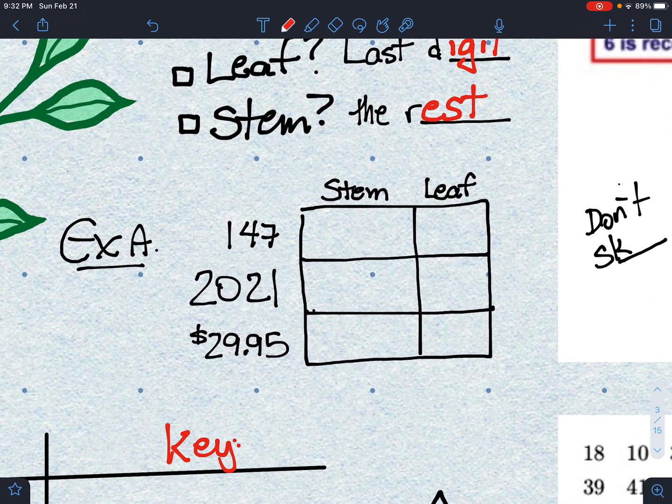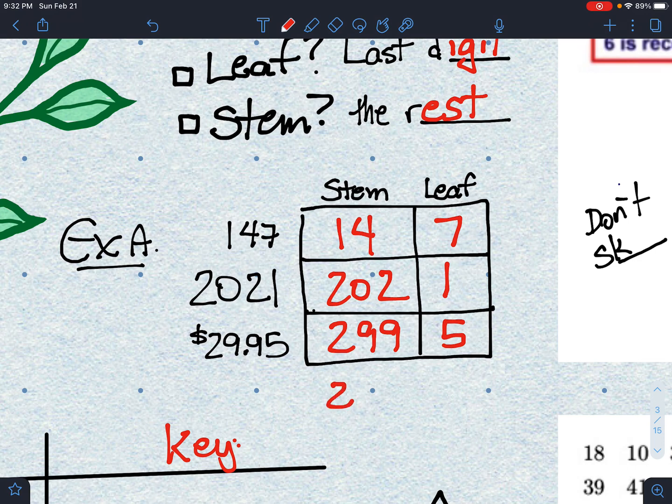For example, 147: 14 is the stem because 7 is the leaf. The year that we're in, the stem would be 202 because 1 is the leaf. If you're looking at a price, the leaf would be 5 and the stem would be 299. Again, we would need to interpret that number.